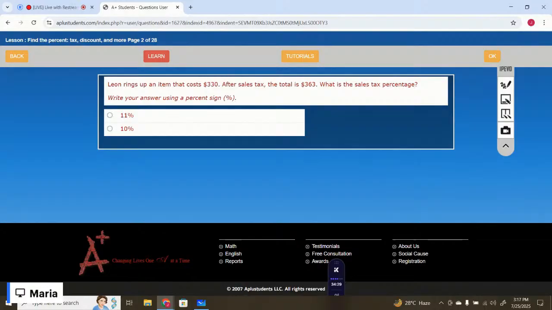So we need to calculate the sales tax percentage, that would be amount of change divided by the original amount times 100. So that is 363 minus 330, that is 33 divided by 330. Okay, that is 10%. Option number 2 is the correct option.